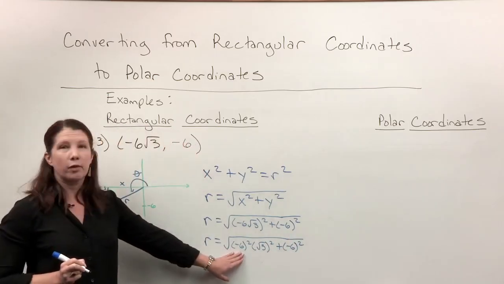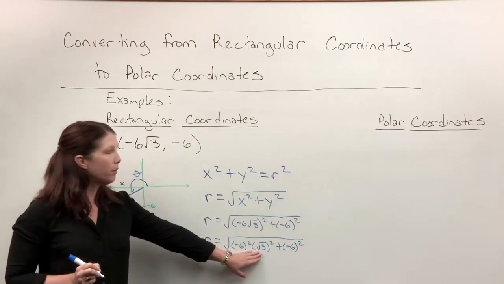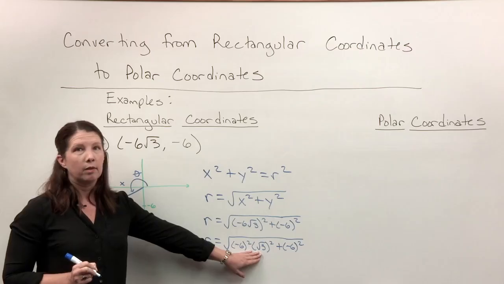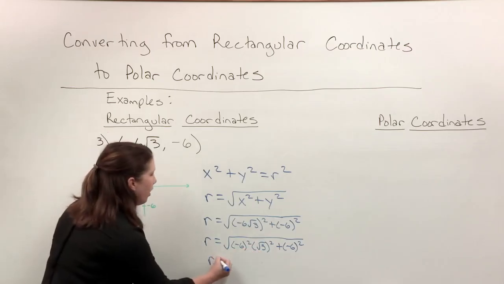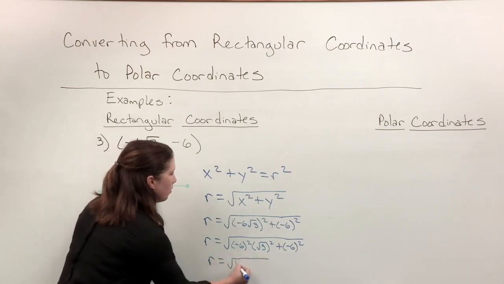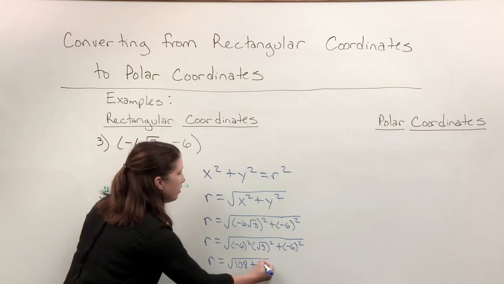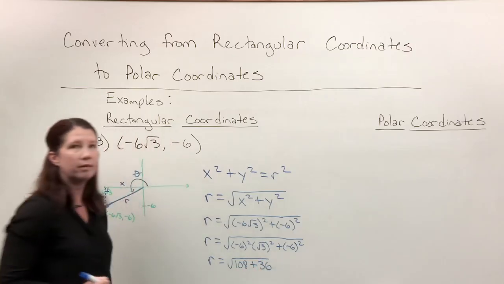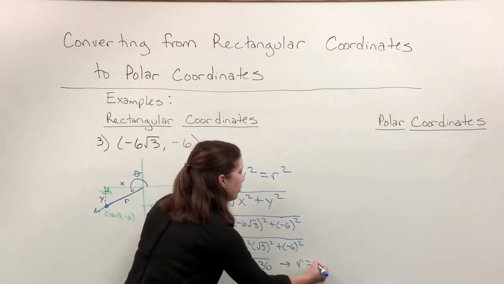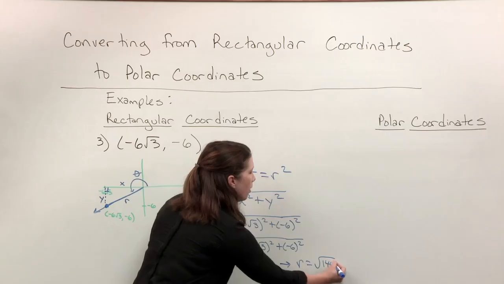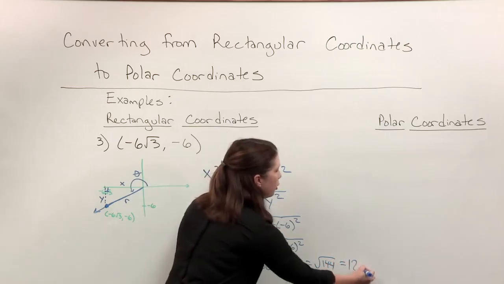Negative 6 squared is 36. The square root of 3 squared is 3. So multiplying 36 times 3, we get 108. Plus negative 6 squared, which is 36. We now have that r is equal to the square root of 144, and so r is 12.